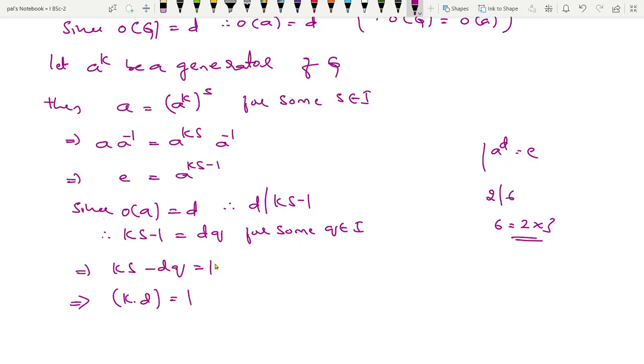If we can express the relation between s, q, k, d like this, then k and d are relatively prime. This is possible only when the two numbers k and d are relatively prime; otherwise it is not possible.